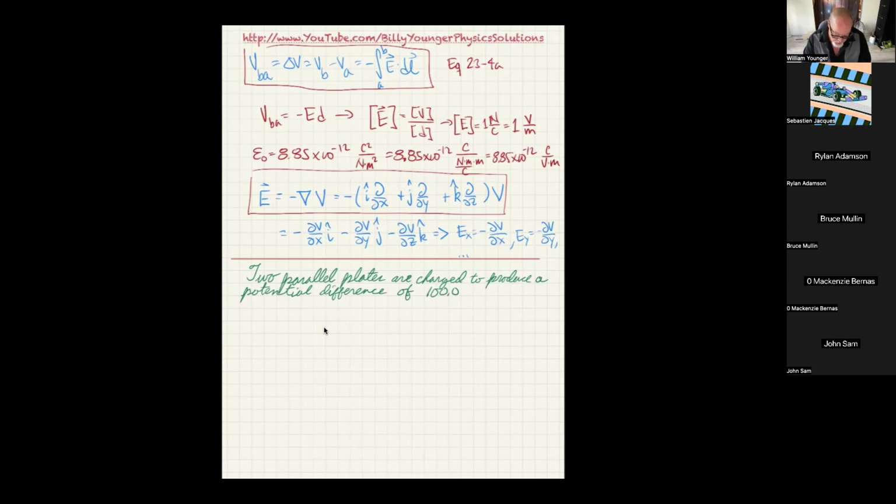I just said two parallel plates are charged to produce a potential difference of 100. What units am I going to end that 100 with? There's two choices here, a joule, 100.0 joules, or 100.0 volts. Anybody have an idea what the right answer would be?